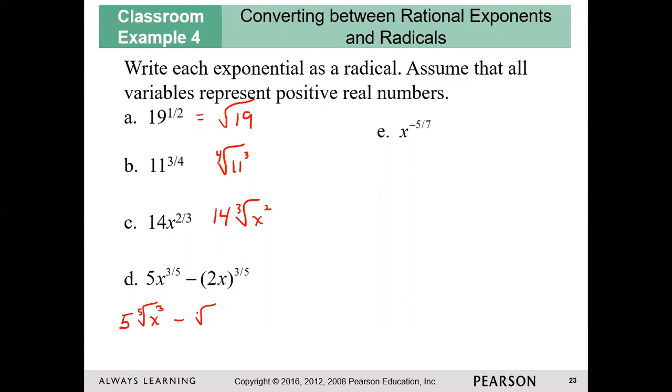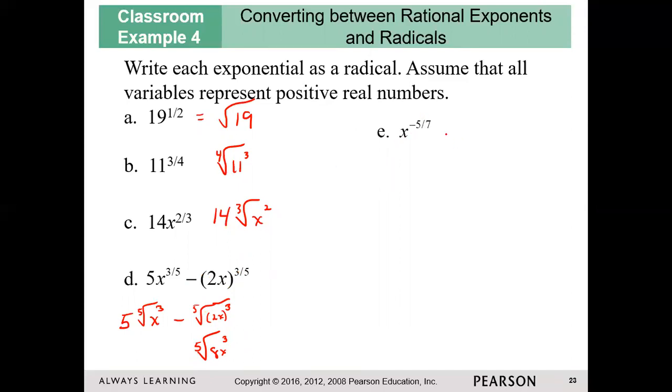So this will be the 5th root of 2x raised to the power of 3. And you could always distribute that 3. Remember, distributing quotes, right? So this would be, if you wanted to clean it up a little bit more, the 5th root of 8x to the 3rd. Okay. And then there's not much that we can do because we don't know about these rules yet.